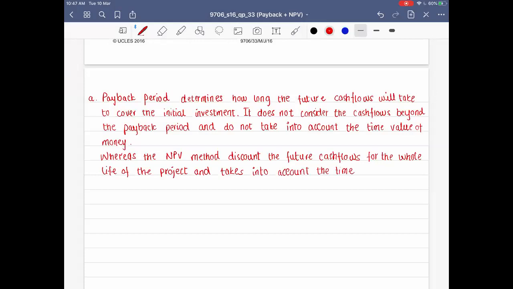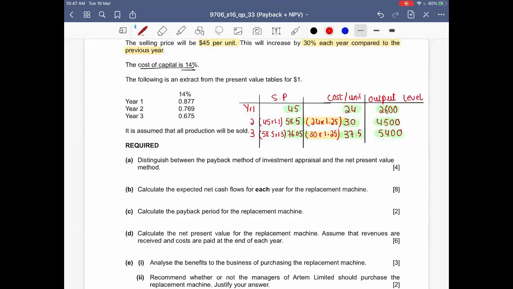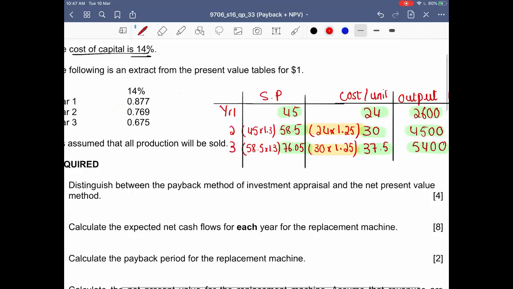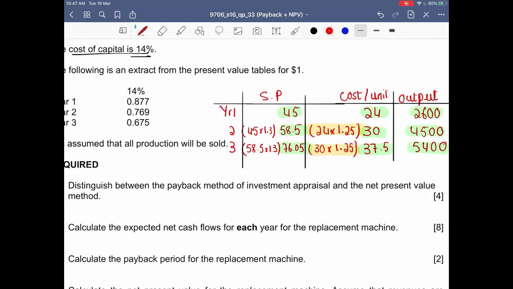4 मार्क्स का क्वेश्चन है, 2 डिफरेंसेस हमने डिस्कस कर लिए, पेबैक के एंड एनपीवी के. Right, guys, the next is calculate the expected net cash flow for each of the year for the replacement machine. तो हमारे पास आउटपुट है, सेलिंग प्राइस है, सेलिंग प्राइस मल्टीप्लाई बाय आउटपुट, वी विल बी एबल टू कैलकुलेट व्हाट इनफ्लोज and we have the outflows, we have the cost, we can calculate the outflows as well. या फिर contribution variable cost होता तो contribution into output level से भी हम कर सकते थे.